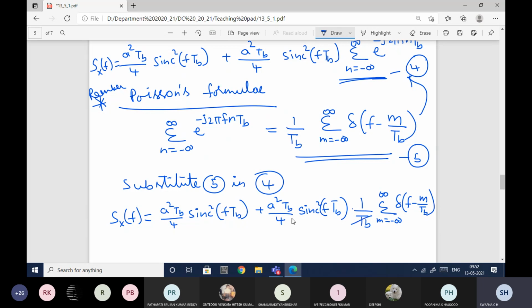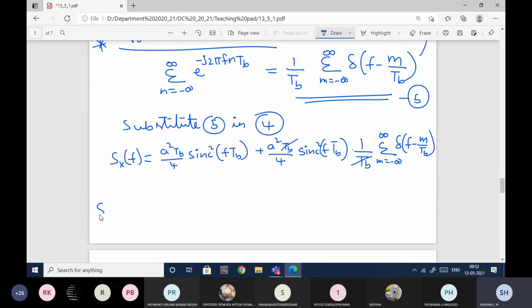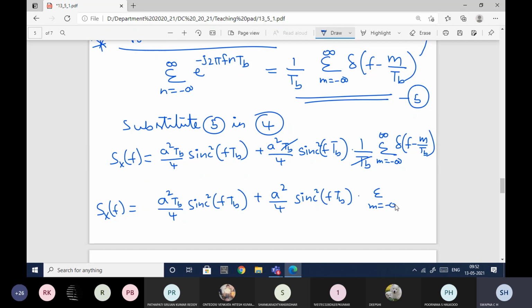So this Tb and this Tb will get cancelled and I'll be left with Sx of f equal to A square Tb by 4 sinc square(fTb) plus A square by 4 sinc square(fTb) into summation m equal to minus infinity to plus infinity delta of f minus m by Tb.